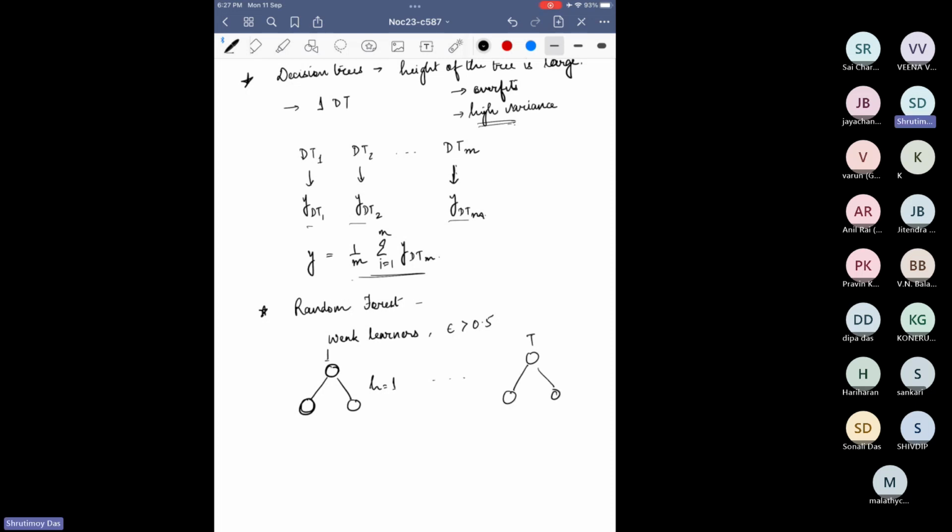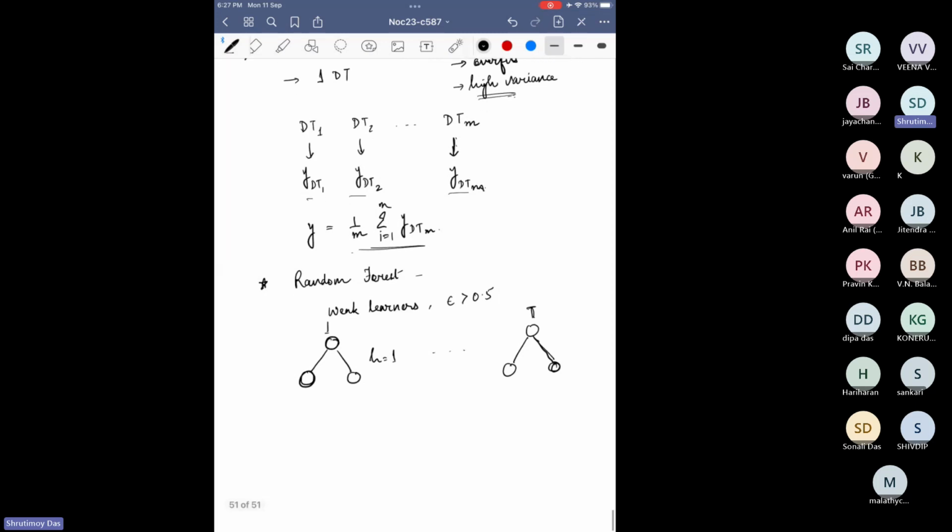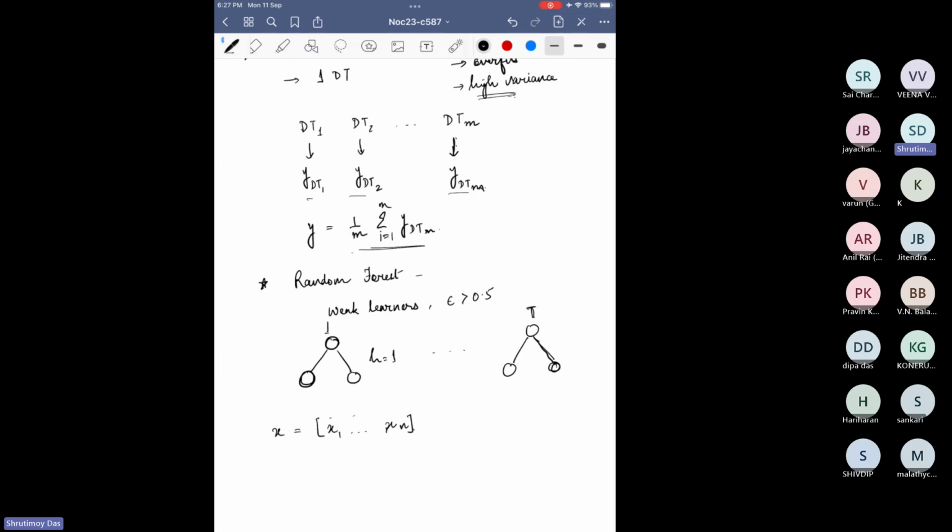This is your tree 1, this is your tree t. Suppose you have some data coming in, and it has n features. You take some of these features and pass them through decision tree 1. Then you take a separate set of features and pass them to decision tree 2, and you do this for each of these t trees.